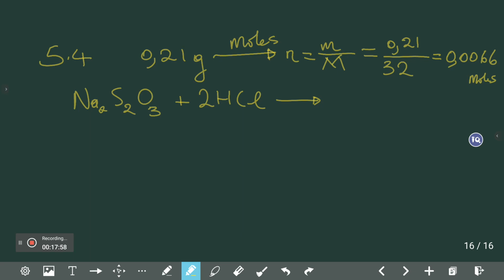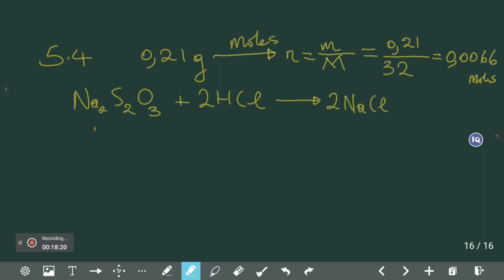Yes. So here, the reaction gives sulfur plus sulfur dioxide. I'm interested in the number of moles, which is 1 to 1. Can you see that? What is your conclusion here?